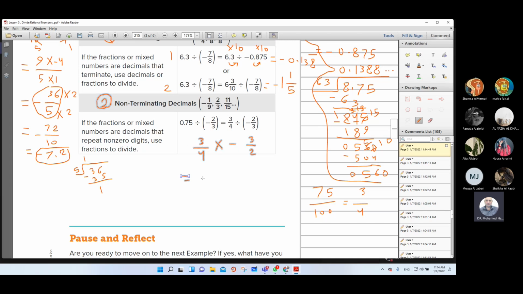Positive times negative, negative. 3 times 3, 9, and 4 times 2 will be 8. So this answer is a fraction, and you can write this answer as a mixed number or change it to the decimal if you do long division between 9 and 8.